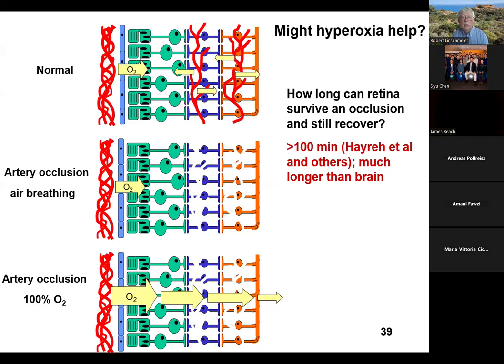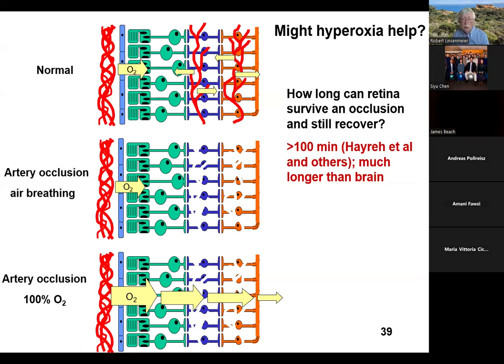Well, yeah. One of the other questions is that we need to know how long the retina can still recover after an occlusive episode. And Hayreh's group showed in monkeys that this was at least 100 minutes. And we've also done similar experiments and find the same thing.